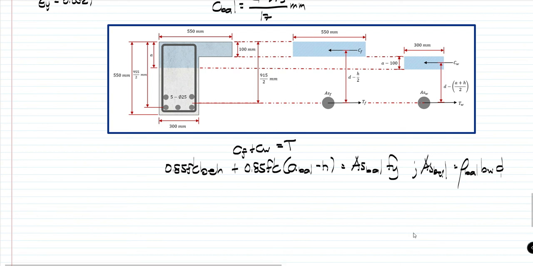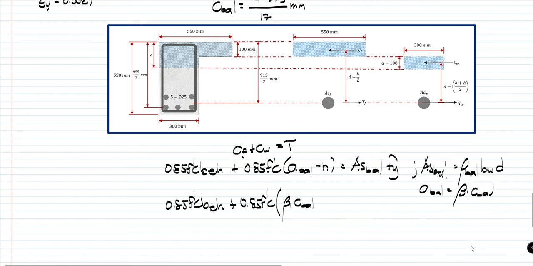And yung A balance natin syempre, that is still beta 1 C balance. So substituting, we can have 0.85 F prime C BEH plus 0.85 F prime C, that is beta 1 C balance minus H is equal to raw balance BWD FY.